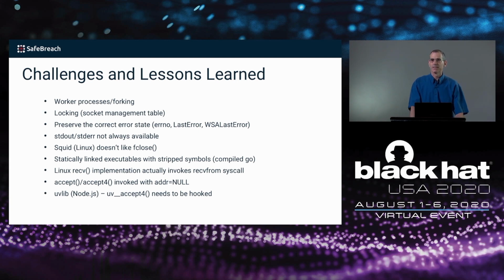This is valid, but also surprising. And Node.js uses a library called libuv, which invokes the syscalls directly. So there's no point in hooking the usual socket functions. I need to hook specifically the uv accept function in this case in order to get the full functionality.